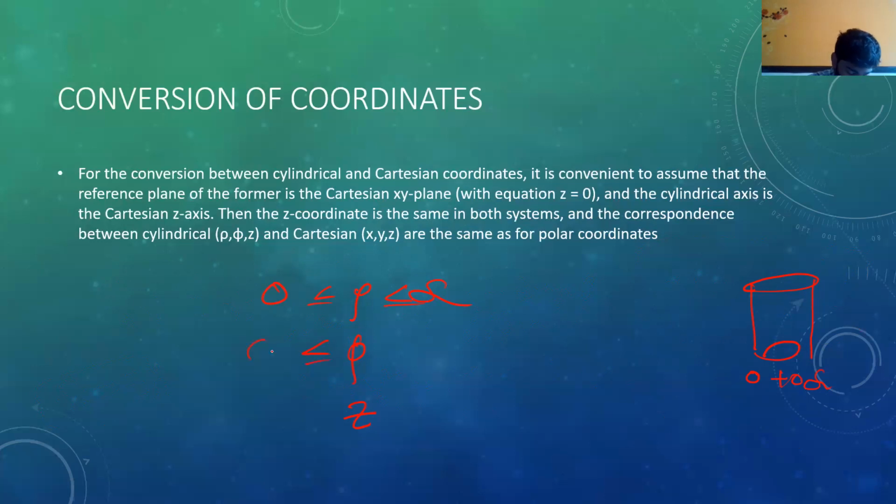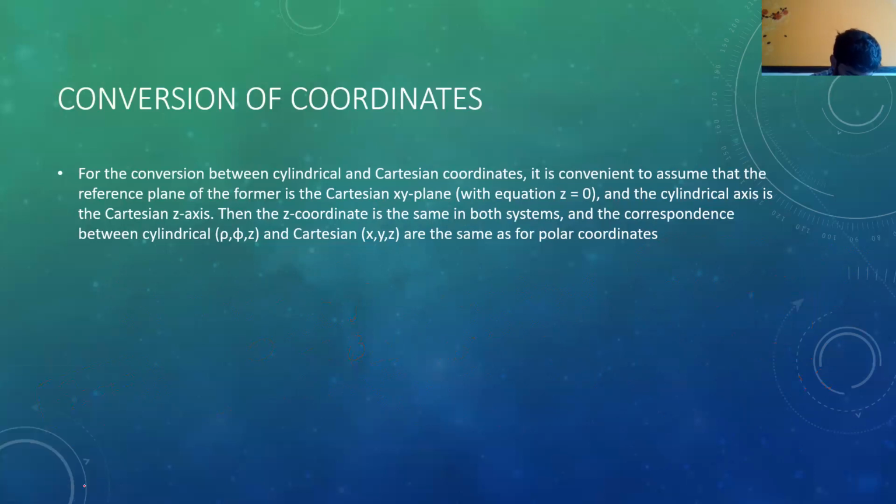The angle generally lies from 0 to 360 degrees, that is 2 pi. The height can be in the positive direction or in the negative direction, so it can be from minus infinity to plus infinity.